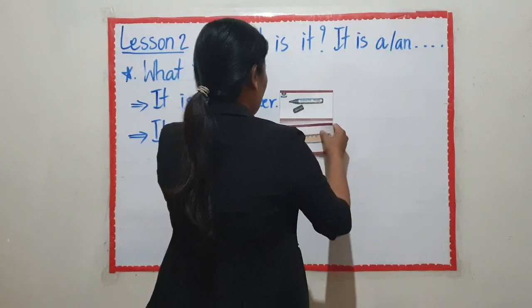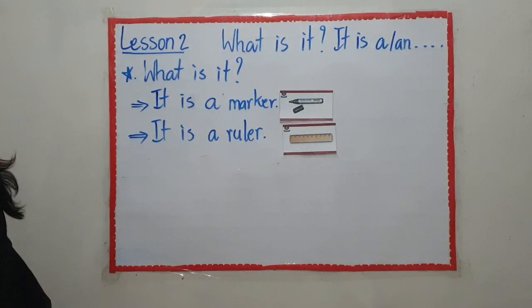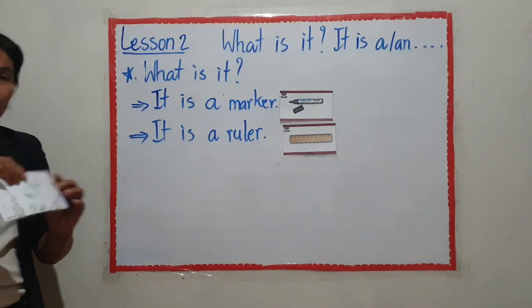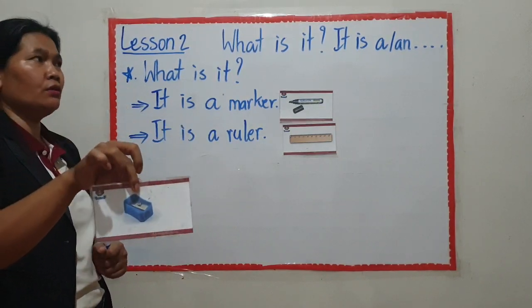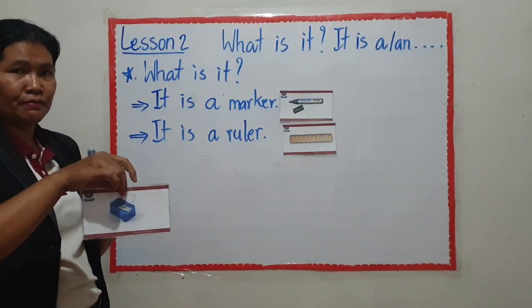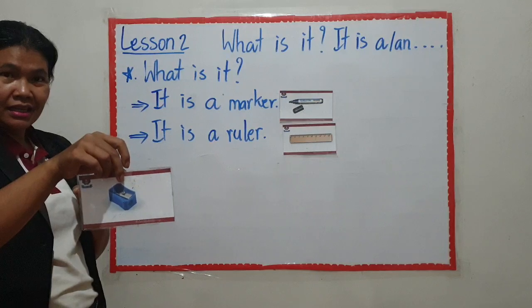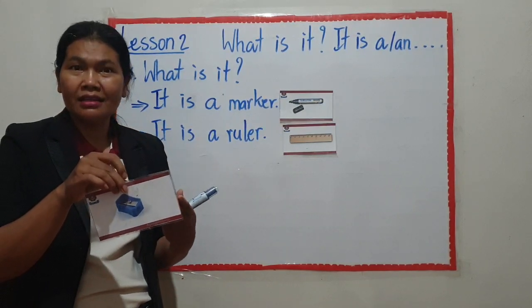Okay, ready? So one more. Teacher has a picture. Everyone, can you tell me what is it? Yeah, you use it when you have to make a pencil sharper. Okay, what is it? You have to answer when teacher asks you, what is it?